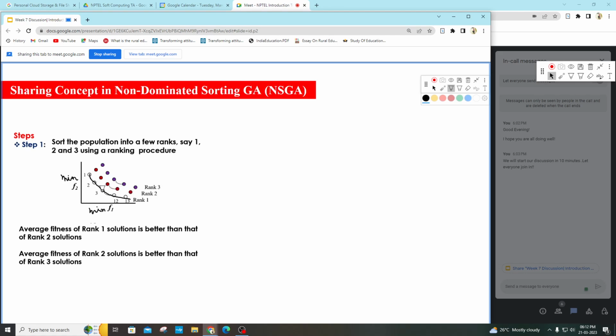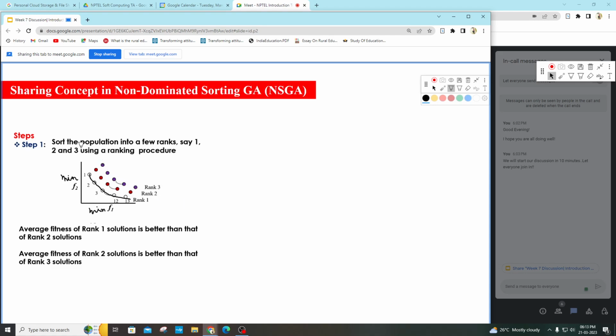That is true for all the points on the front, so no point is dominating another point. So this is a front. Similarly, these red dots form the second front, and these violet dots form the third front.